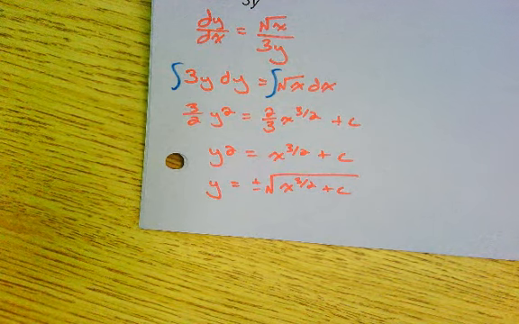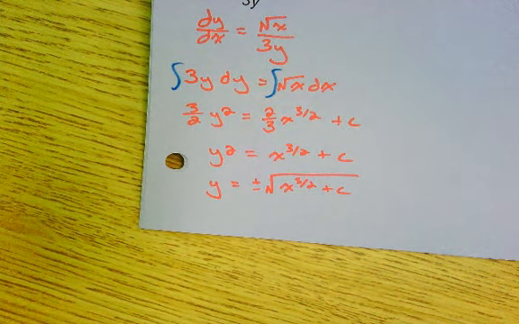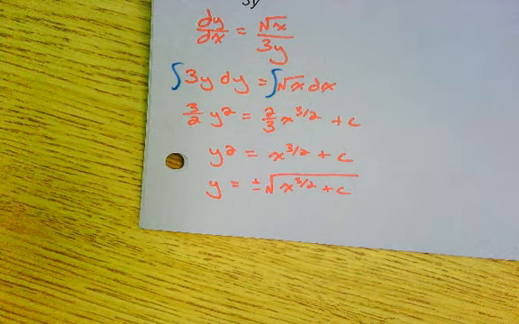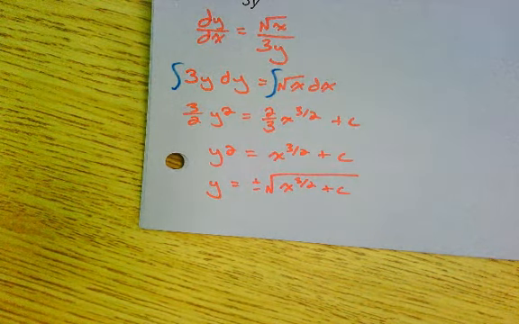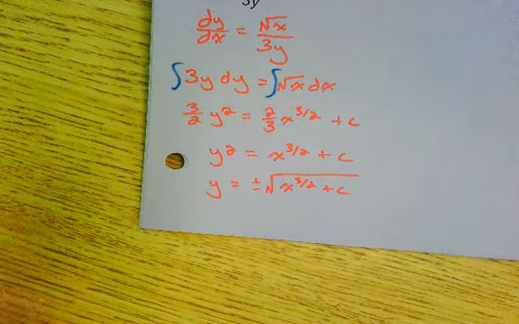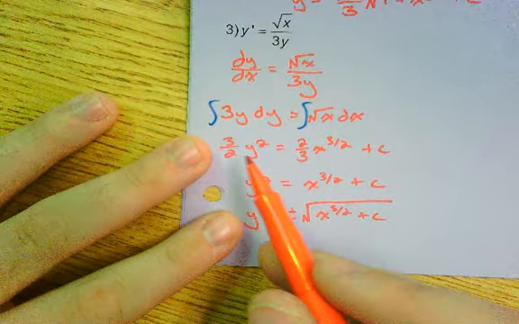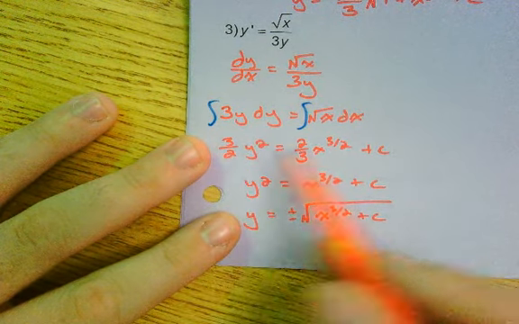Did I do anything wrong? Okay, good. What did I do wrong? Should be what? Try to see who's actually doing this. What did I do wrong? Doesn't cancel out.